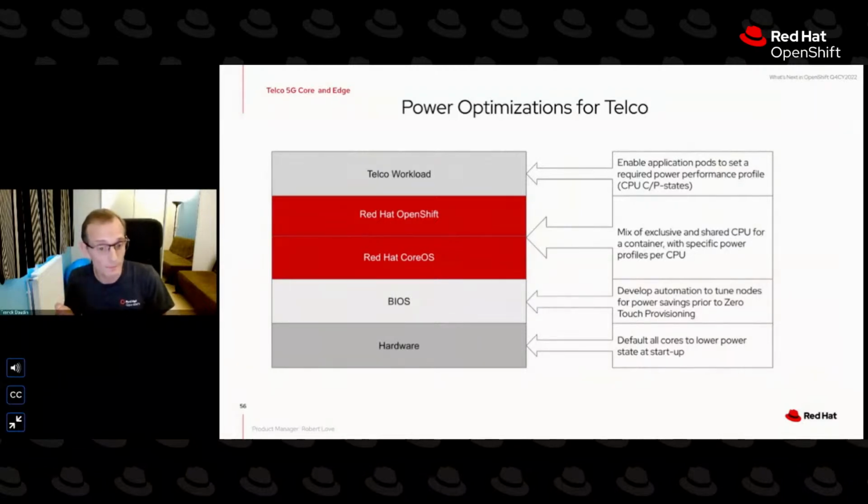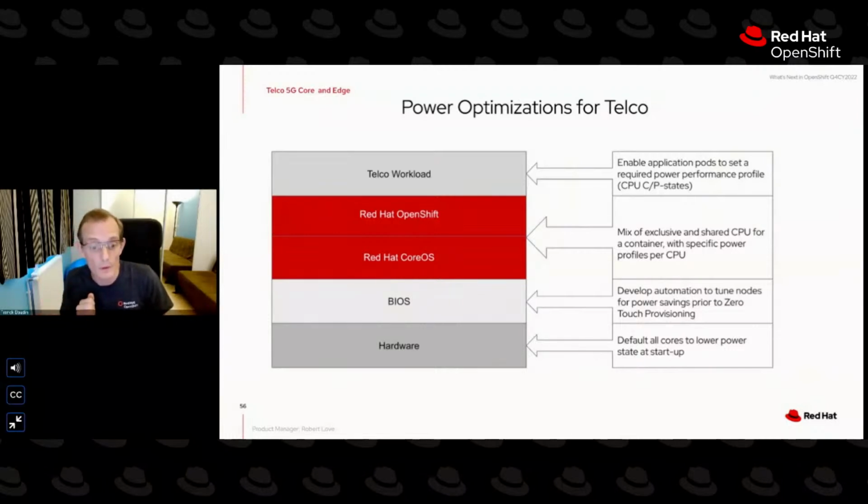At the OpenShift level, we have already extended the functionality of the performance profile to allow the offlining of unused CPUs, and we are working on enabling additional CPU saving features via the power performance pools concept. The power performance pools will give the possibility to configure some CPUs in high performance mode and some other CPUs in low performance mode, and let the workload pick the power performance profile that fits its power and performance needs.